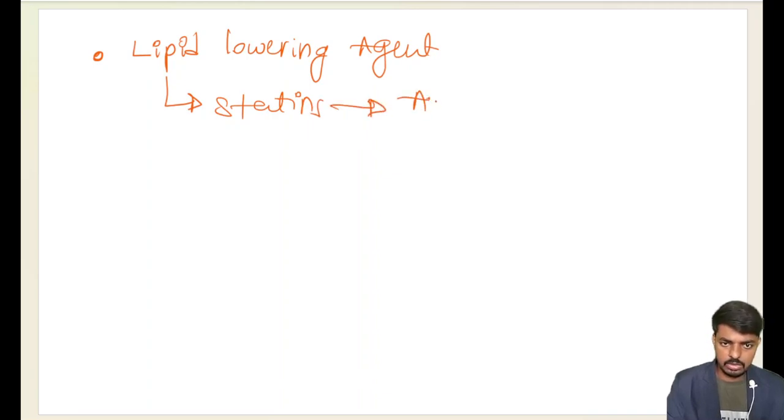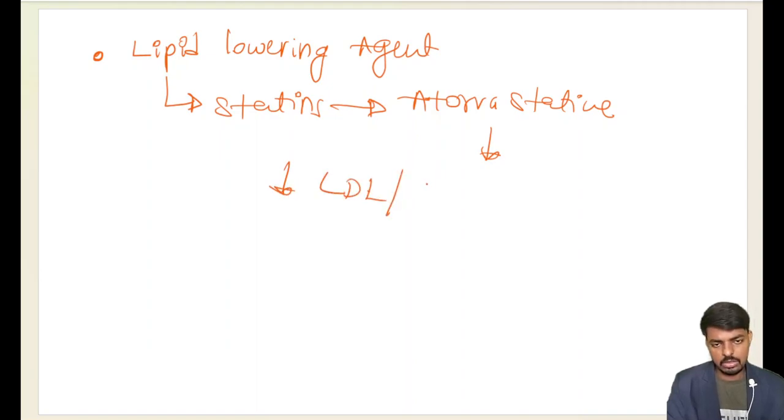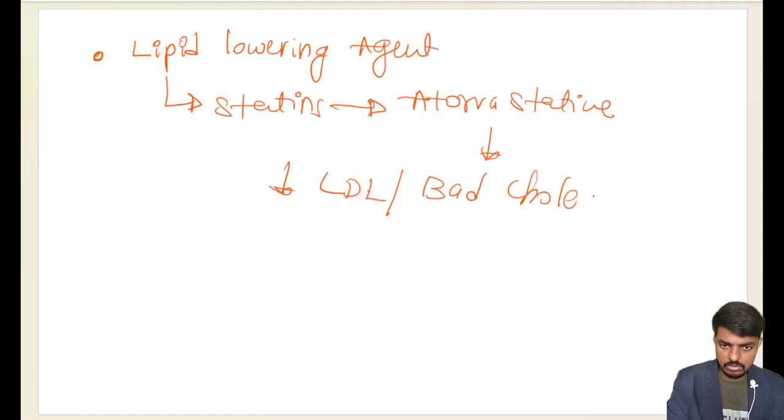Very important drug: by giving this drug, it decreases the low density lipoprotein, what we call our bad cholesterol.